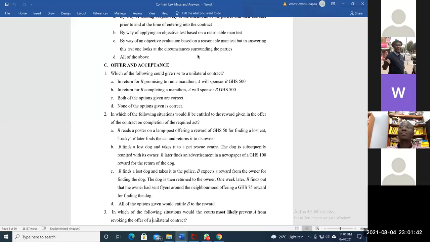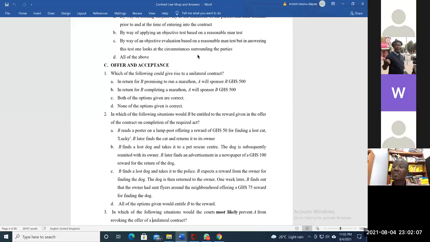In this case, the offeror makes a promise to the offeree, and the offeree also has to respond by communicating the acceptance. But in the case of a unilateral offer, one party actually makes the promise. It is onerous. And the offeree does not need to communicate his or her acceptance in any way.